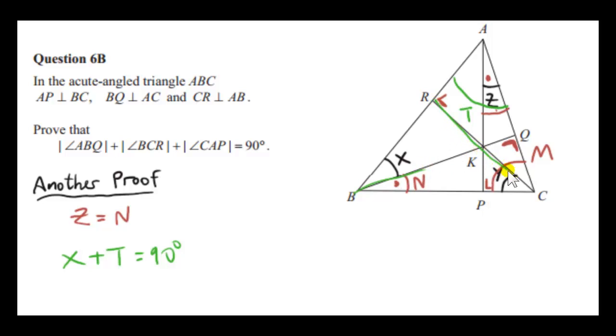Okay, so now let's look at this right angle triangle here. These two angles must add up to 90 because of this right angle. So that's T plus this one here. What do we call this one?